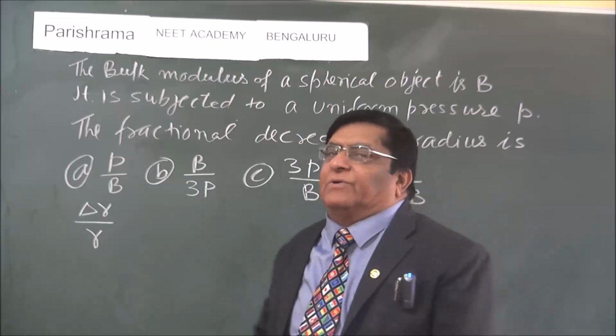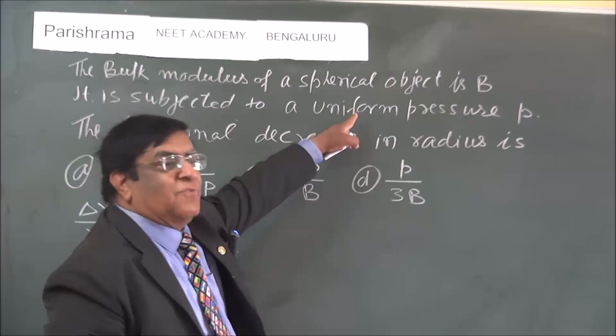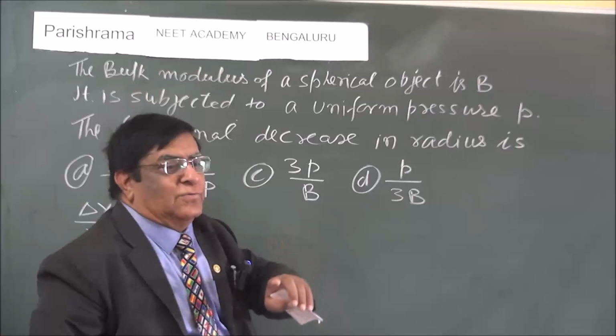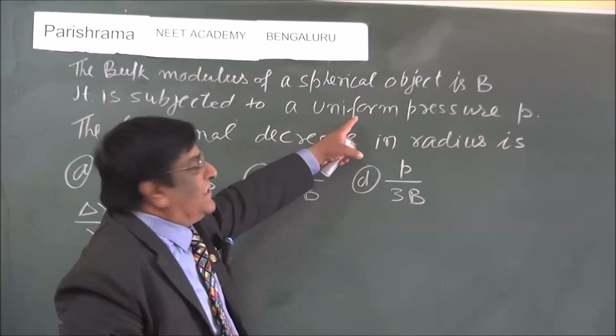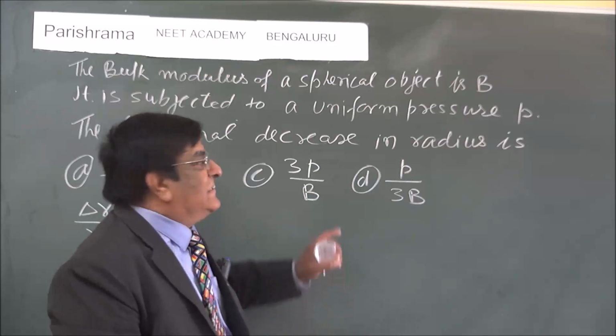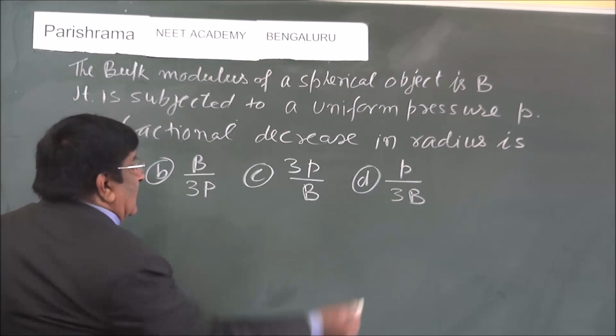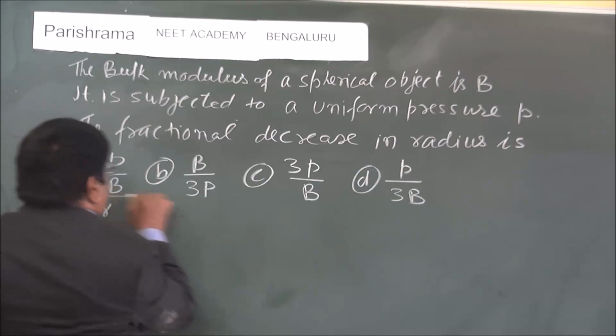Now the question is asking about radius. What is being decreased is volume. And we know volume and pressure have a relation with each other. Elasticity B: what is the relation of B?